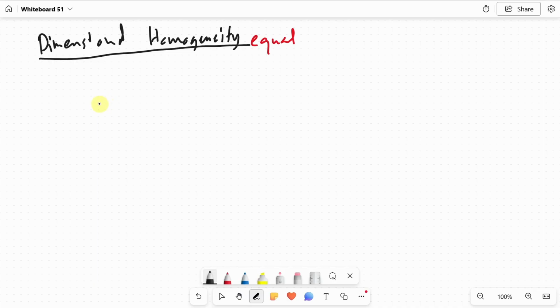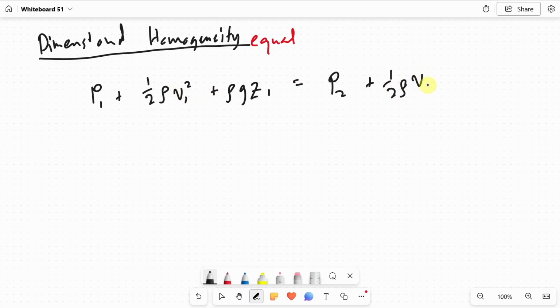So the Bernoulli equation is what? p1 plus half rho v1 squared plus rho g z1 equals to p2 plus half rho v2 squared plus rho g z2, for example.